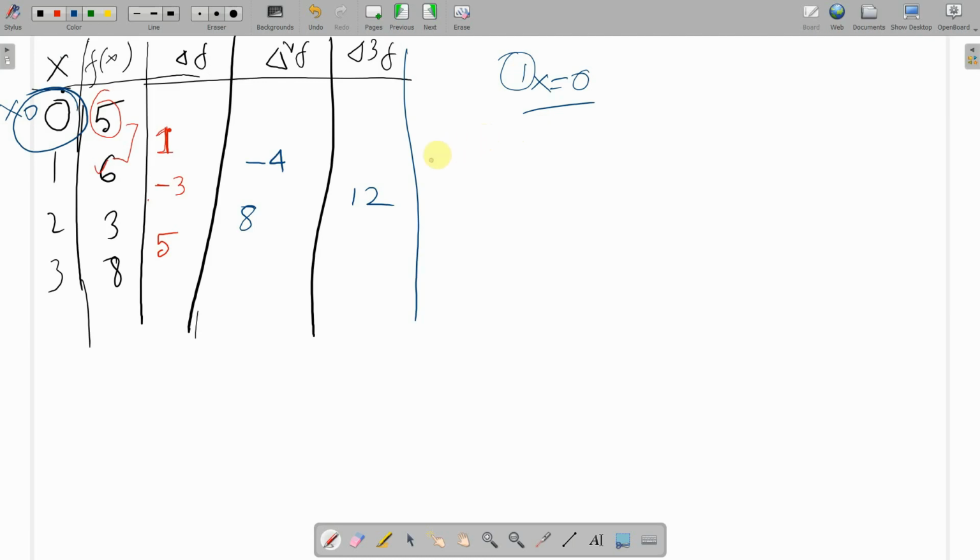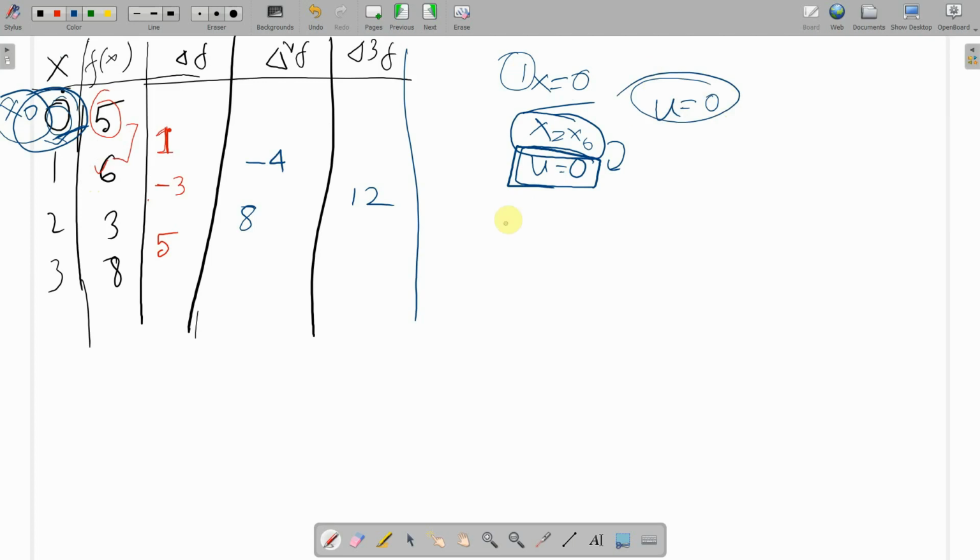In that formula I told you x equals x0 when u equals 0. In this case u equals 0, because we know the 0 value here, we have the 0 value with us in the data points. So if I am considering this as x0, there is no difference, so u will be equal to 0.